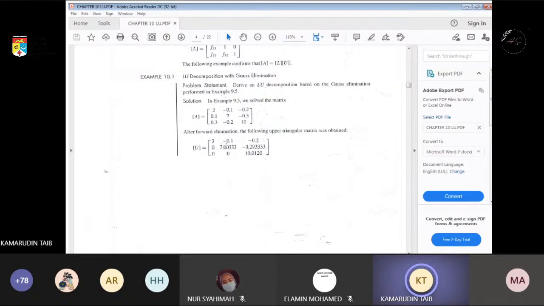Exactly the same, we apply the Gauss method to get the upper triangular matrix.